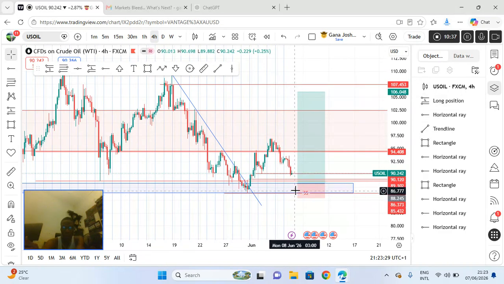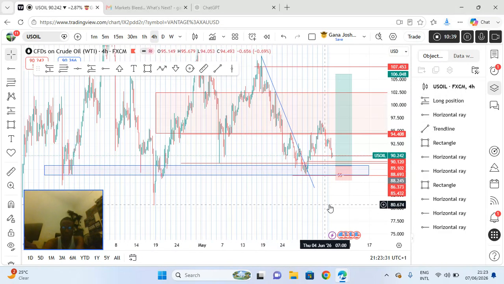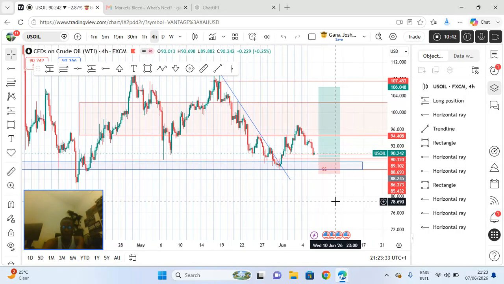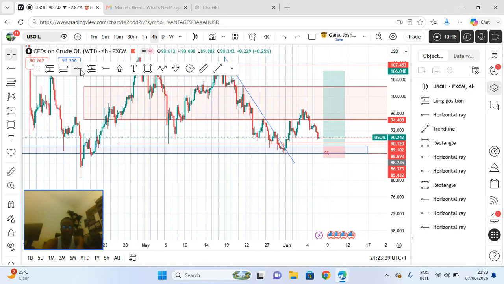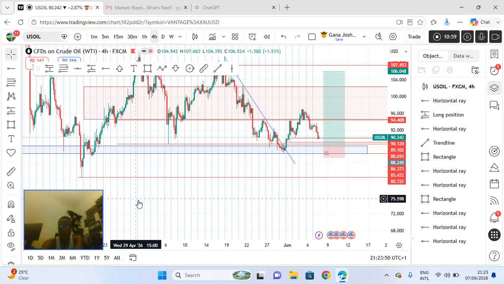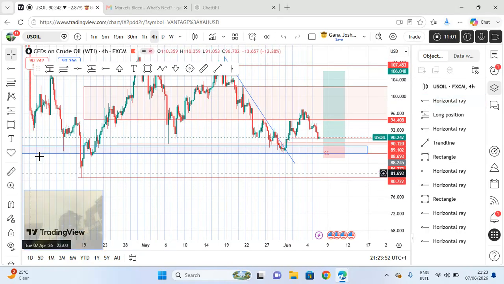But if this low gets broken, then the sellers will continue to the bearish side, because the next low that we targeted is this one. So let's move forward.